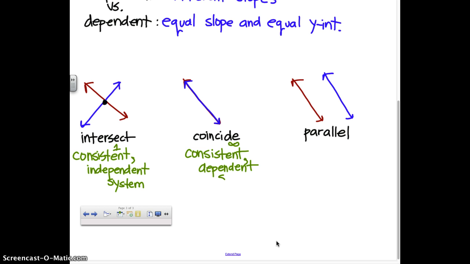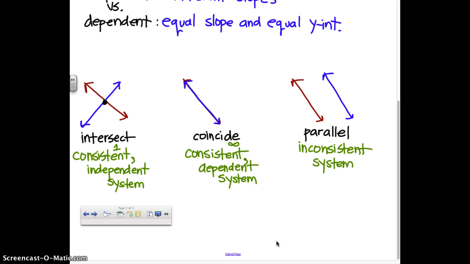So this is a consistent, dependent system. Last one is parallel. Parallel has no solutions. This is inconsistent. And because it's inconsistent, that's all we say. We do not use independent or dependent.